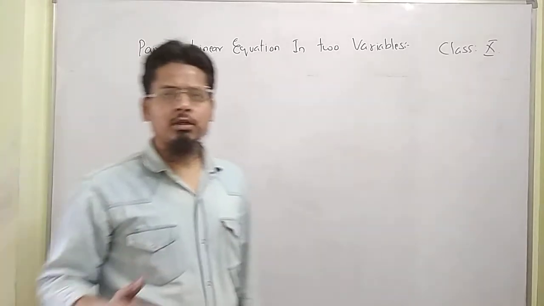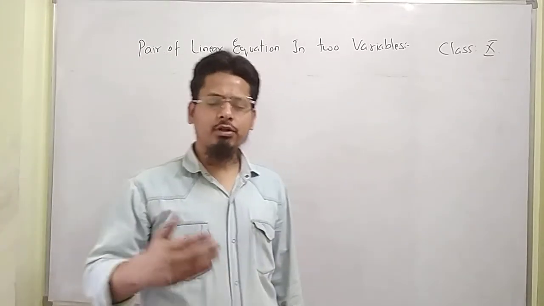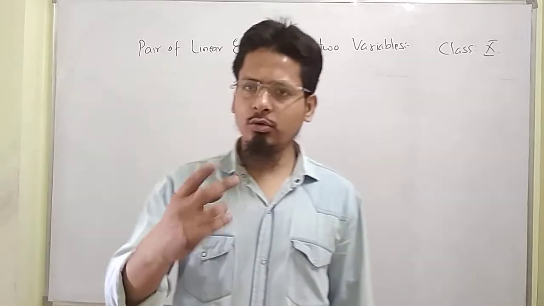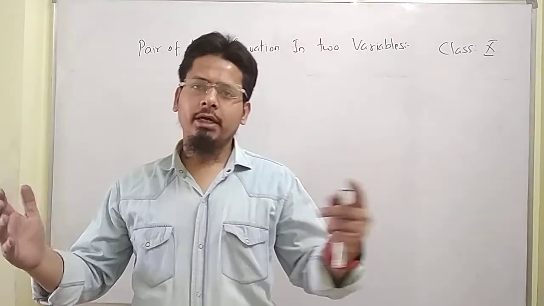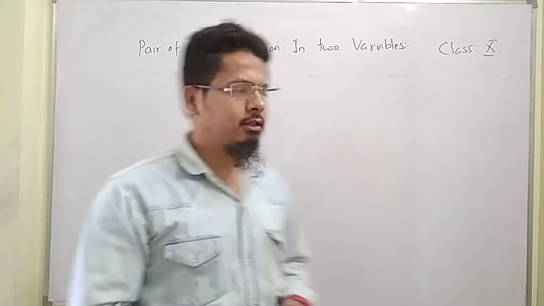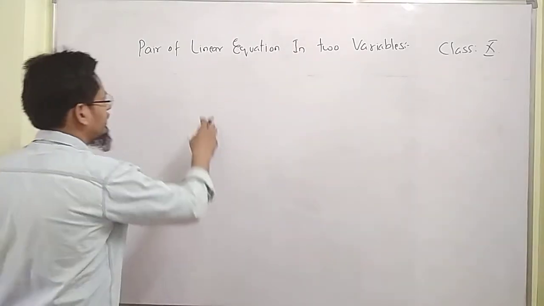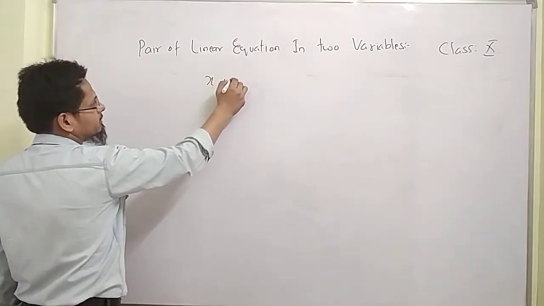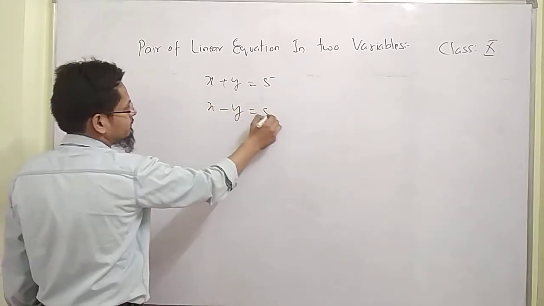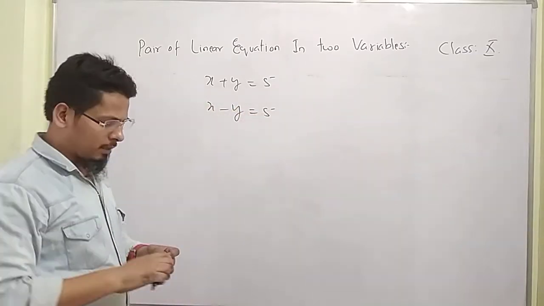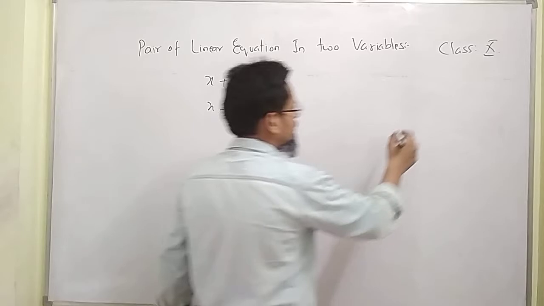For more discussion of this topic, children, I take two linear equations to explain how they are intersecting, parallel, and coinciding. Children, the first equation I am taking here is x plus y is equal to 5 and x minus y is equal to 5, right? So now I am going to draw both the equations on the graph.